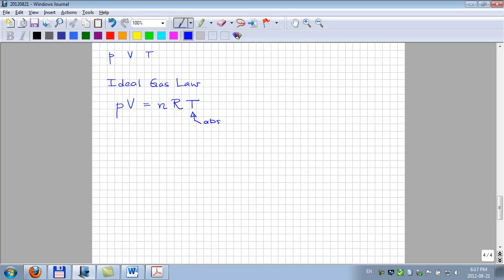That's absolute temperature in Kelvin or Rankine. The universal gas constant, this is the moles of the gas, the amount of the gas, and pressure and volume are okay.